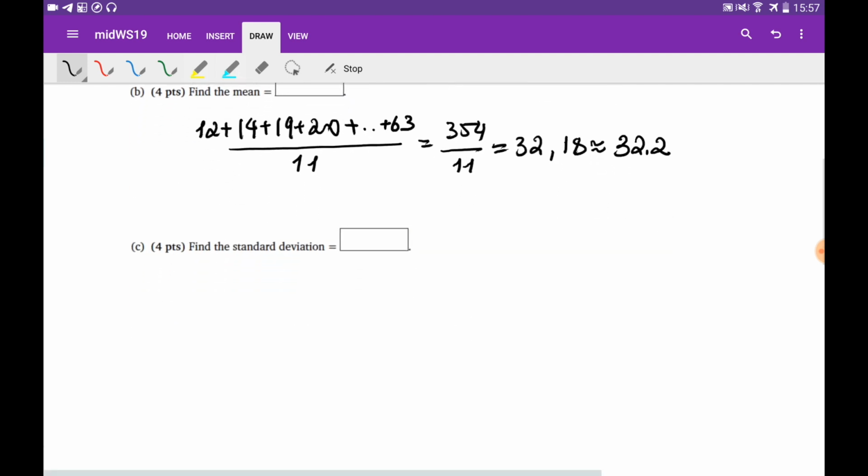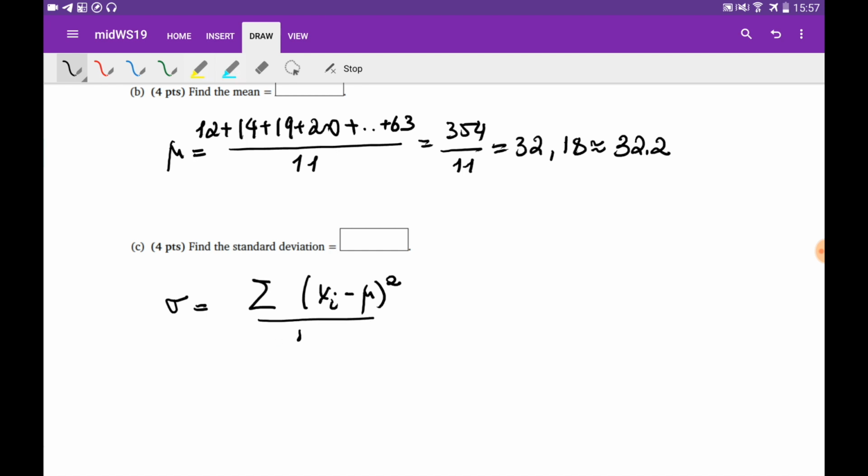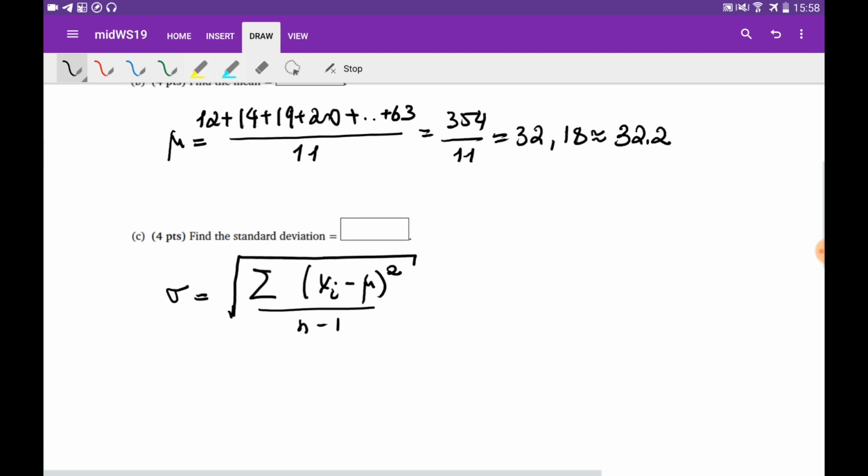In the next step, we need to find the standard deviation. The standard deviation can be found by taking the difference between all the numbers and the mean, which we found previously, taking the square of them, summing them and dividing by n-1, and then taking the square root of this. So this is going to be the standard deviation.